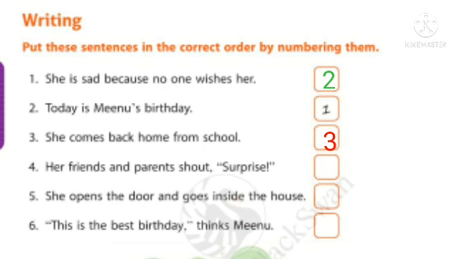And the fourth one, she opens the door and goes inside the house. And the fifth one, her friends and parents shout surprise. And the last one, this is the best birthday, thinks Minu. That is the sixth one. So you should number these sentences in your textbook.